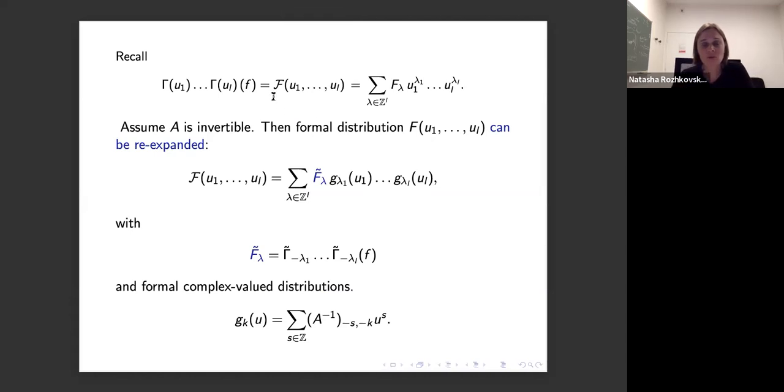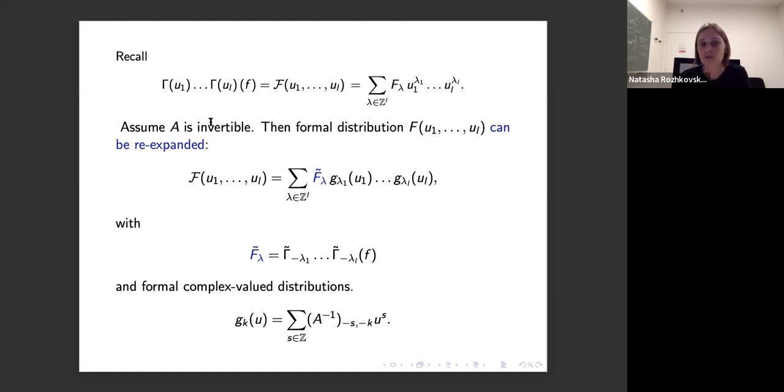And we started with the quantum field, which we applied to a vector, and we got some formal distribution. Of course we get some new elements f tilde lambda with our new operators applied to vector f. And actually we don't need a new generating function for them. We can take exactly the same formal distribution f of u and re-expand it, instead of monomials here, taking some formal distributions which are related to matrix A with the coefficients.